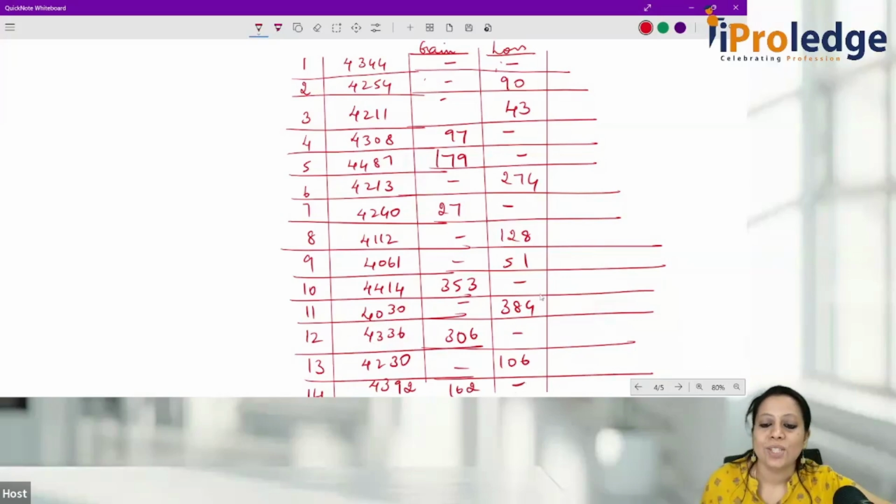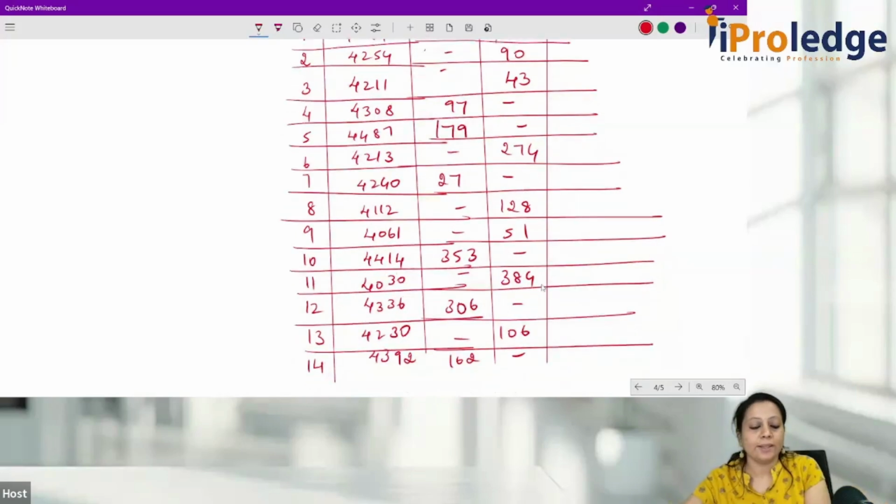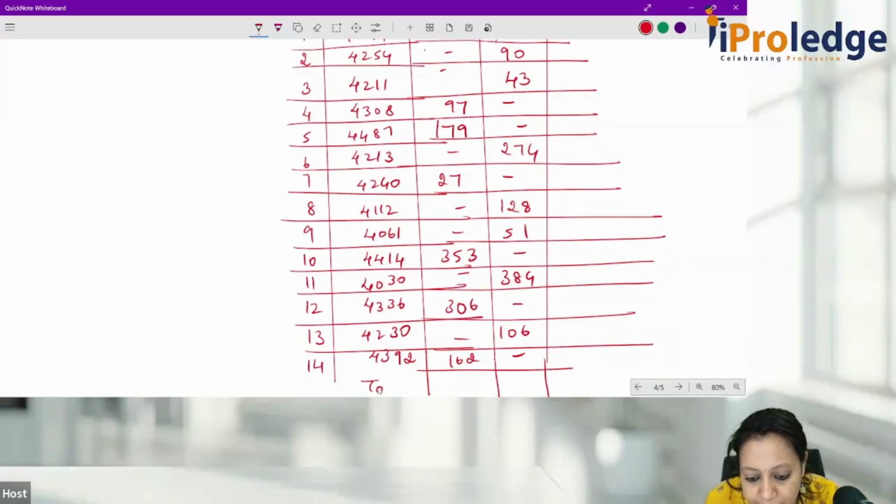So now please calculate the total gain and total loss. Come on, students, please calculate. 1124 and 1076.